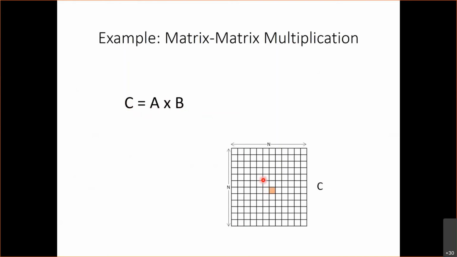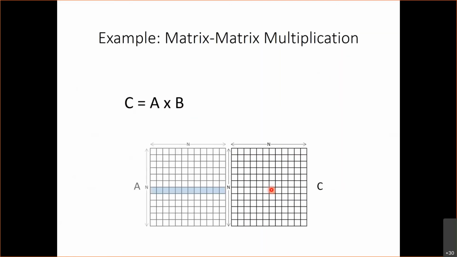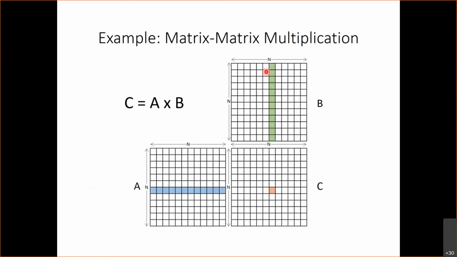Every element in the output matrix C corresponds to the dot product of the corresponding row in A and the corresponding column in B. For every output element in the matrix C, I do a dot product of the corresponding row in A with the column in B.